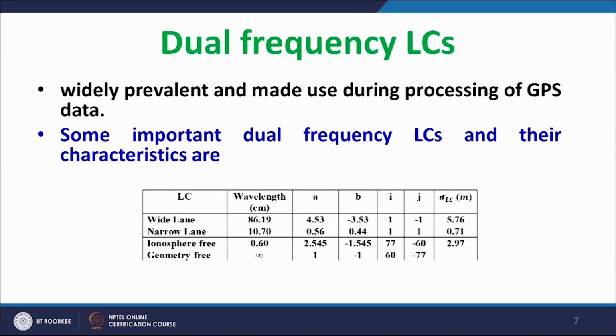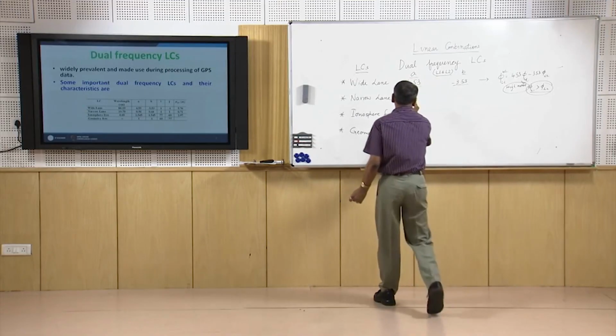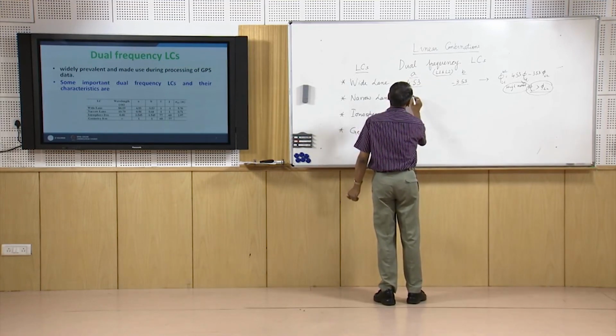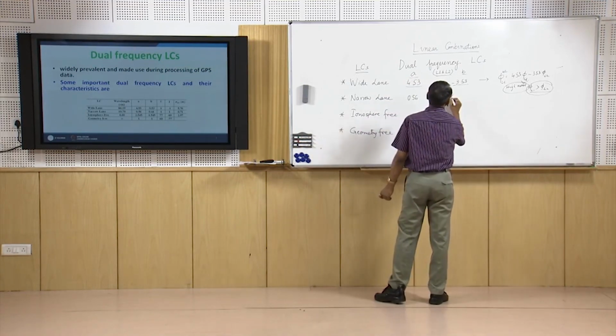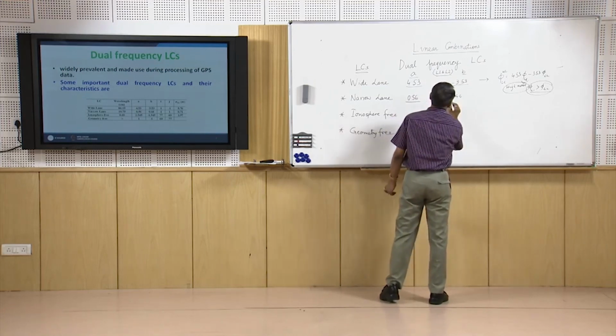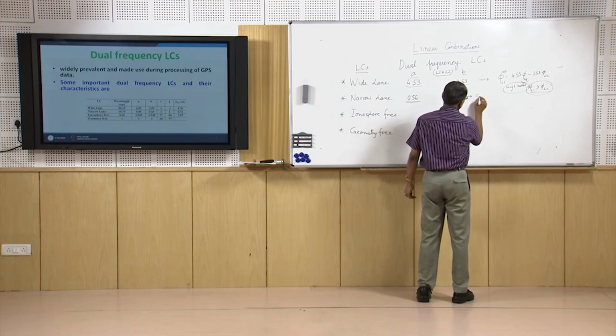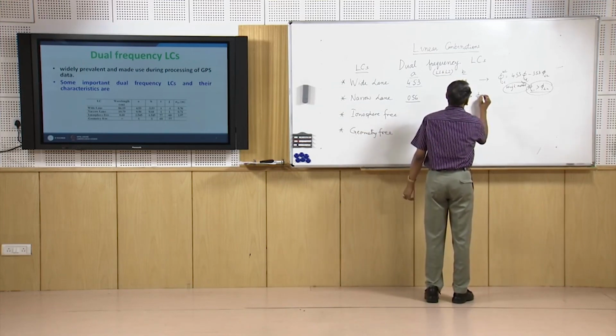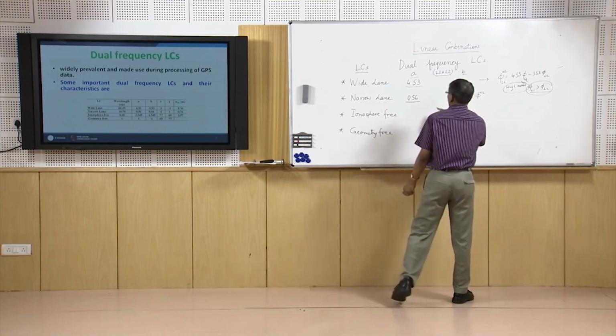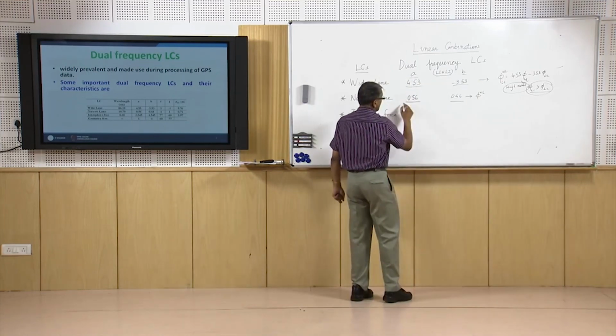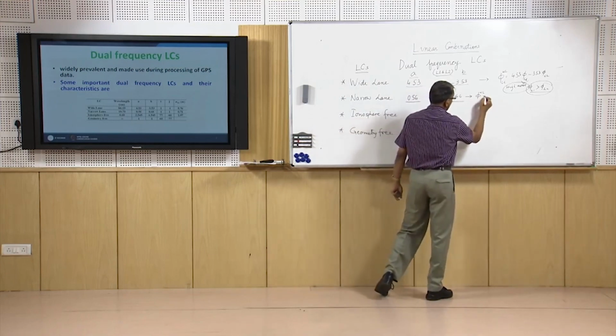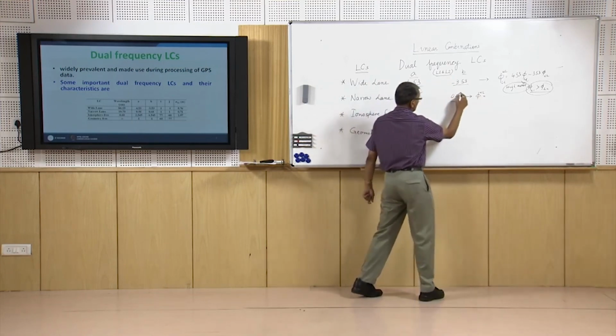Now in case of narrow lane we make use of A equal to 0.56, B equal to 0.44. So you can see the linear combination narrow lane, ultimately because L1 frequency is more, L2 frequency is less.